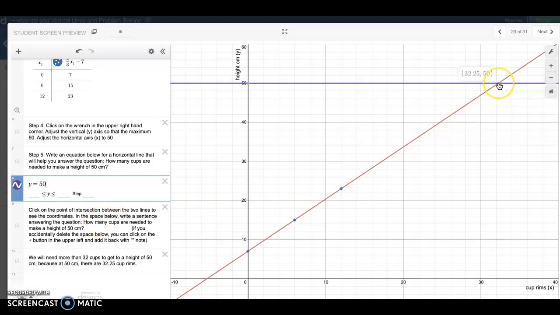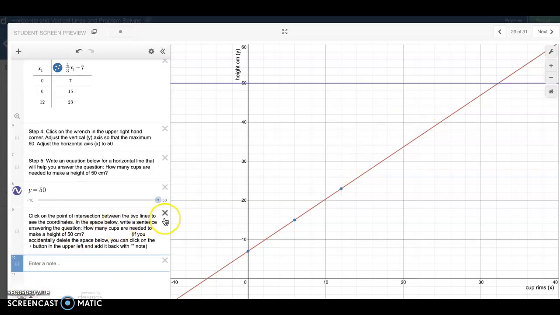So we're clicking on these coordinates, and in the space below, we're going to write a sentence about how many cups we need in order to get a height of 50 centimeters. You can see that this coordinate tells me the y value is 50, and the x value is 32 and a quarter, 32.25.